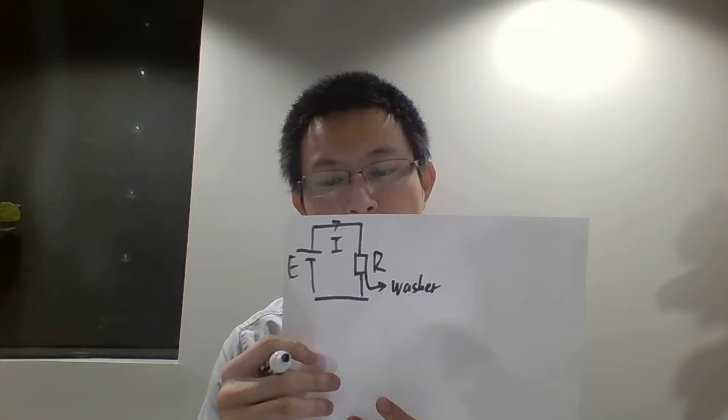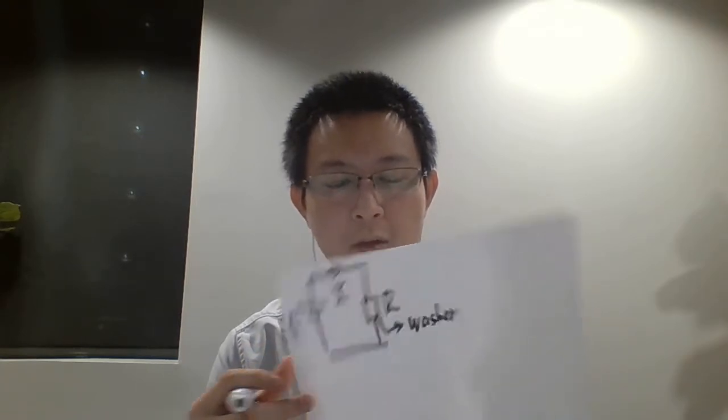This question means if we have a source E, and this is I, this is R. This R is the washer, and P equals 450 watts.